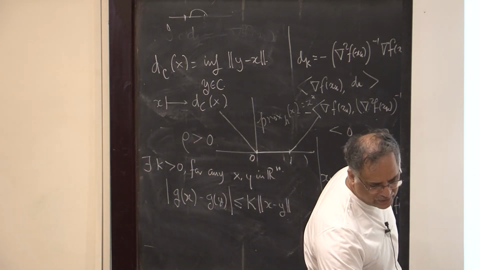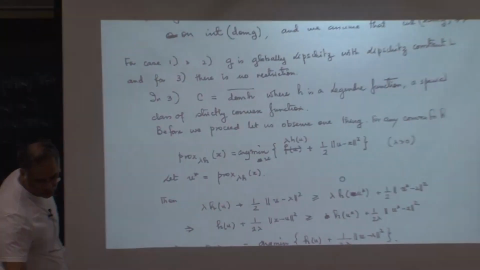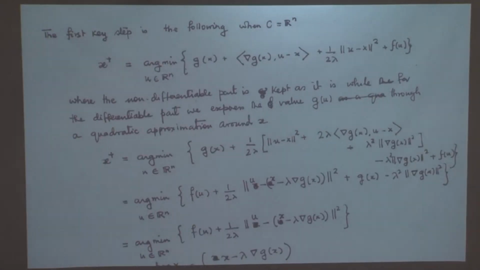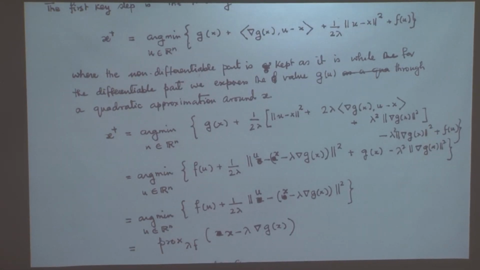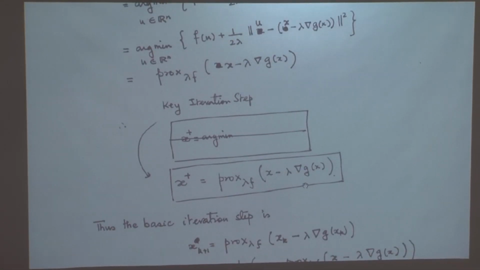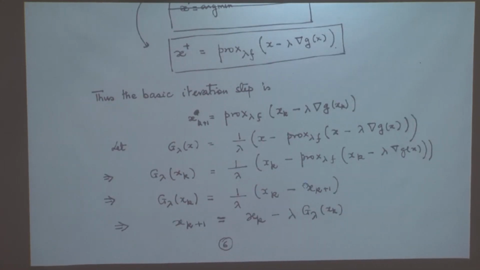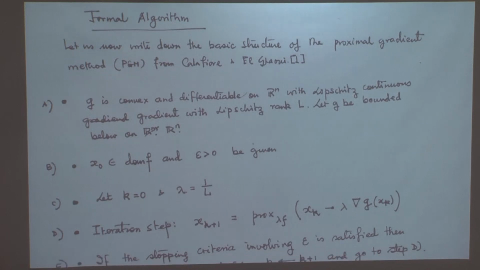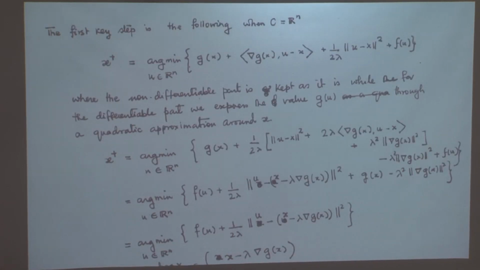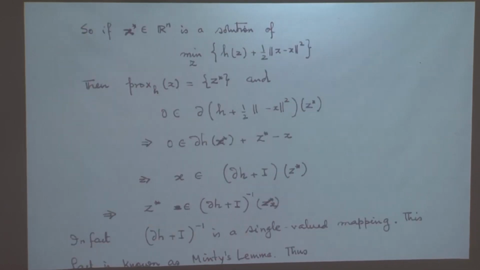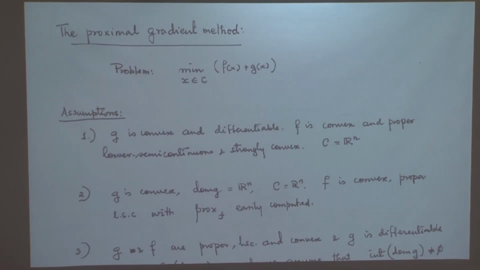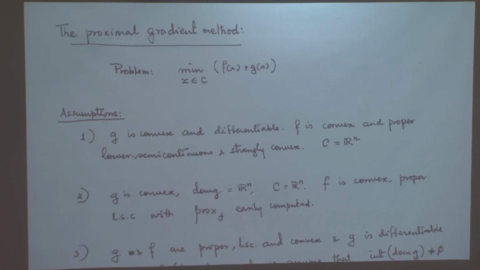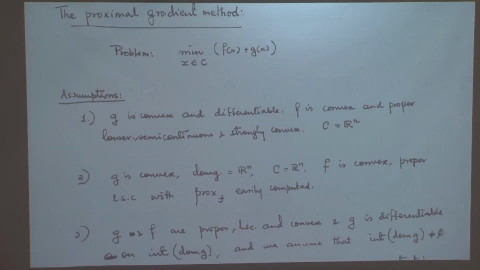Grad G is locally Lipschitz. I don't think it is G that is locally Lipschitz, it is grad G. Maybe I made a mistake.